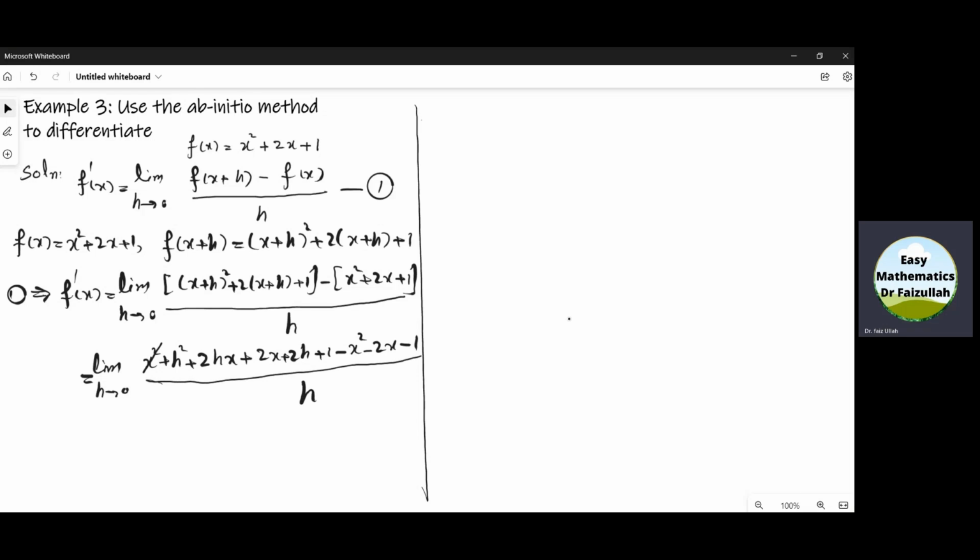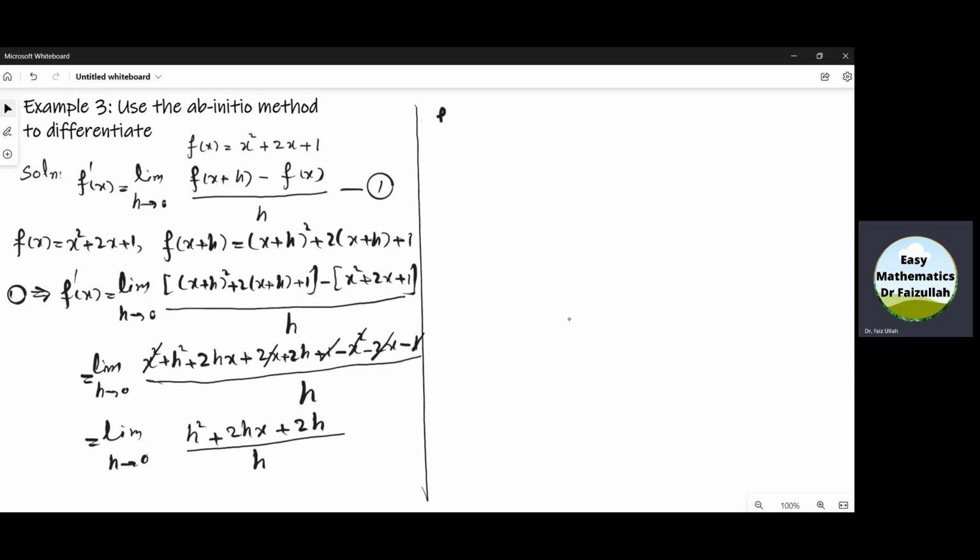Now x square will cancel with minus x square and plus 1 will cancel with minus 1. Now plus 2x will cancel with minus 2x. So we have limit h approaches 0, h square plus 2hx plus 2h divided by h.